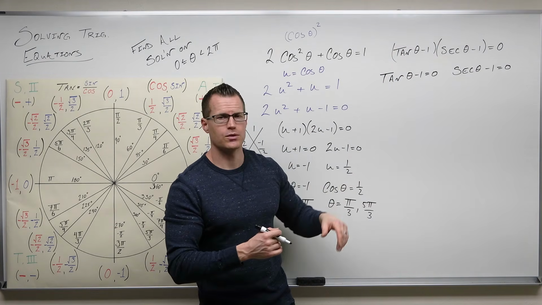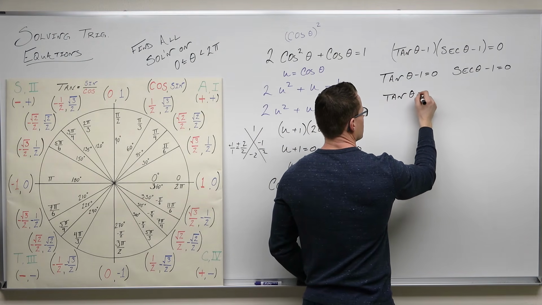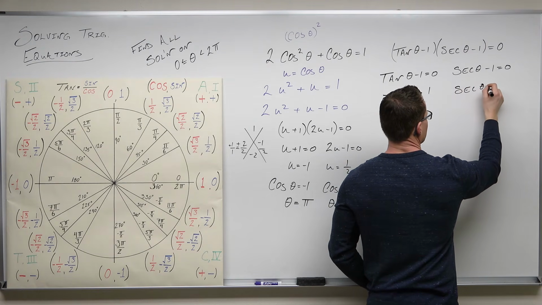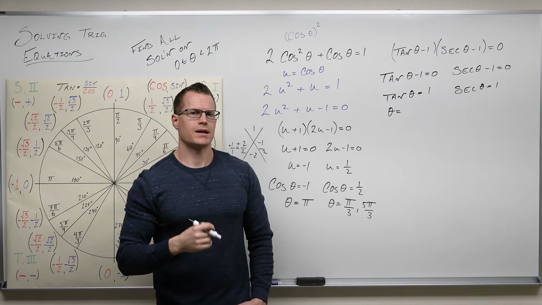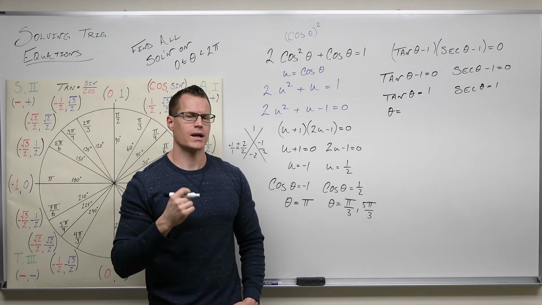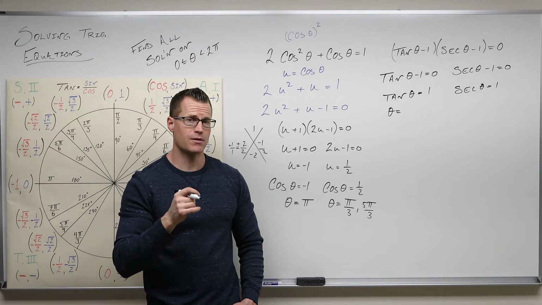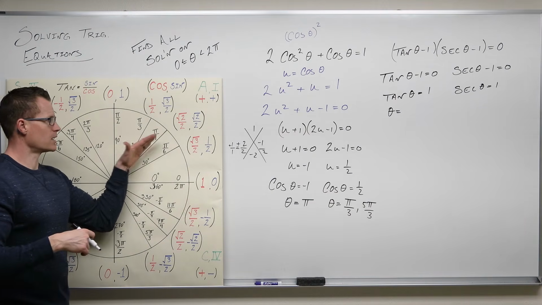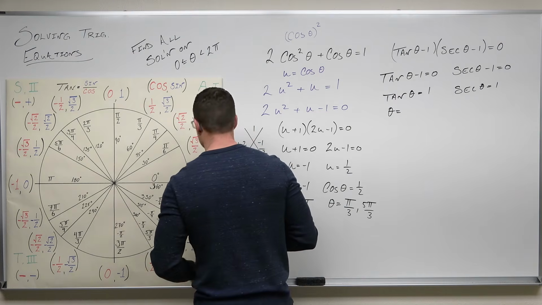So adding 1 in both cases, tangent theta equals 1 asks, on what angle is your y over x giving you positive 1? That's pi over 4, and that's 5 pi over 4. So here pi over 4, and there 5 pi over 4.